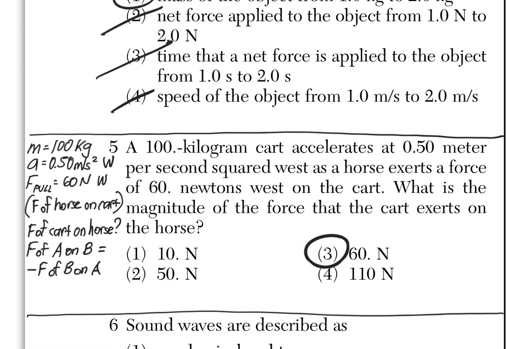And then you could say, oh, well, if the forces are equal, why don't they cancel? They would only cancel if they were on the same object. These are two separate forces on two separate objects. 60 newtons on the cart, 60 newtons on the horse. And the reason why the cart moves and the horse doesn't is because the cart has less rolling friction. There are wheels there, so there's rolling friction there.